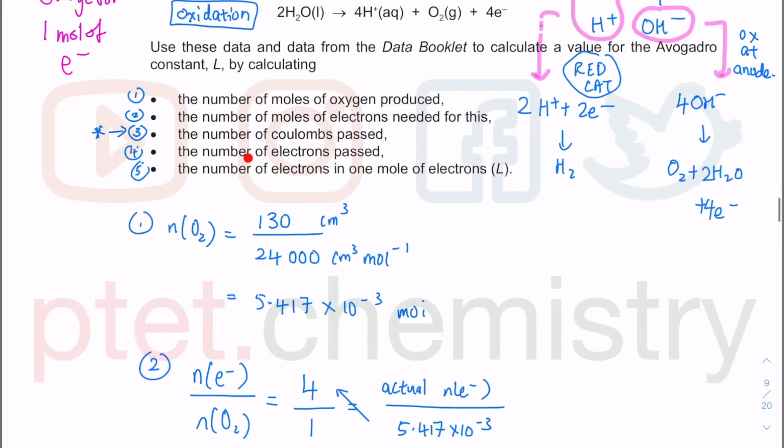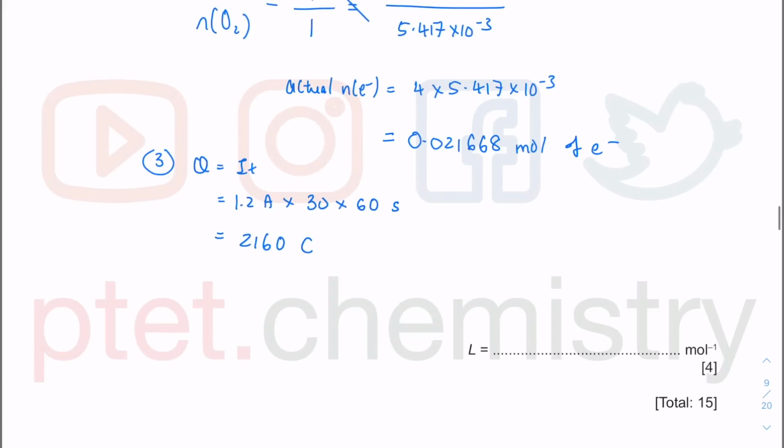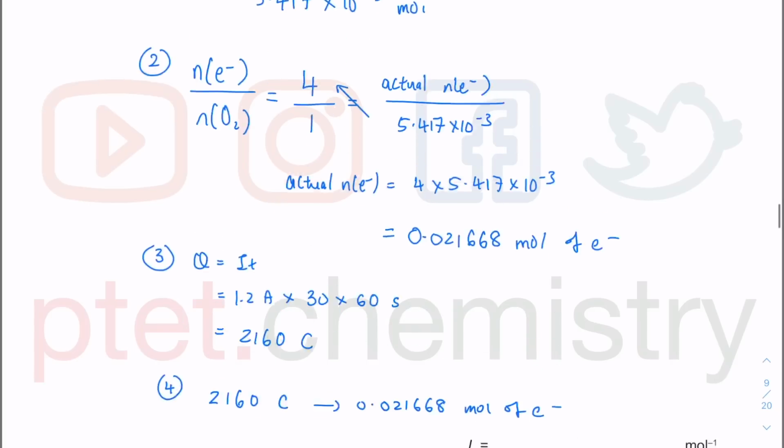What's the next thing that they want? The number of electrons passed. If you look at the data booklet, of course, you'll be given this data in the question for the new syllabus. So we know that this charge, 2160 coulomb, is for 0.021668 mole of electrons. What are we trying to find actually?